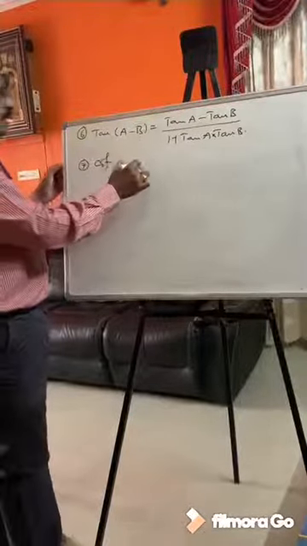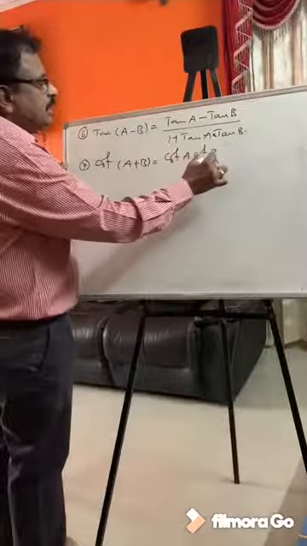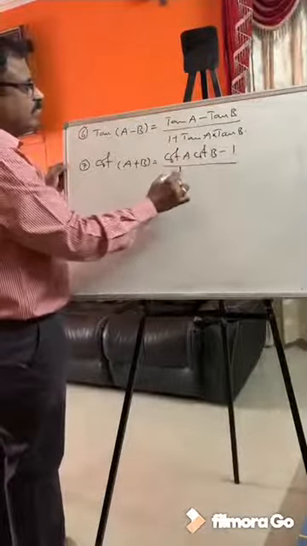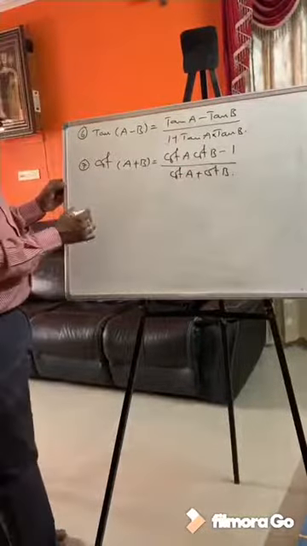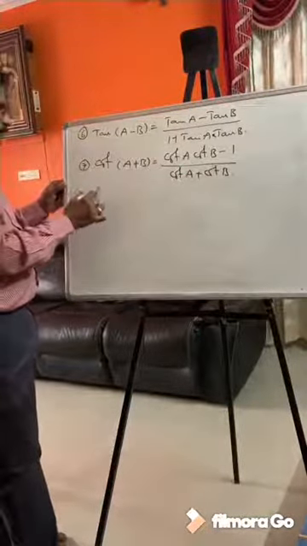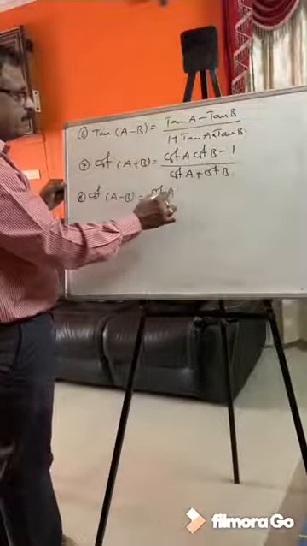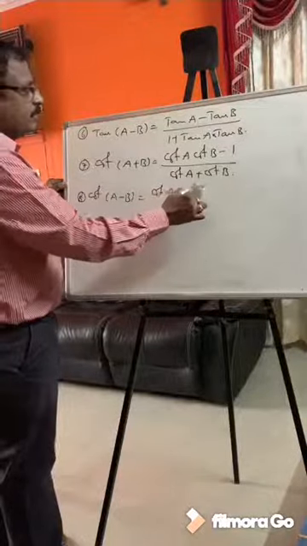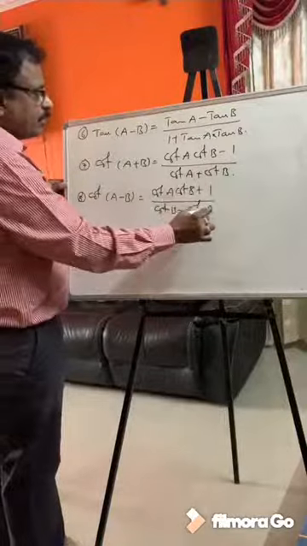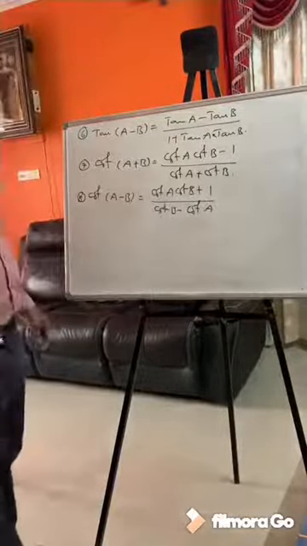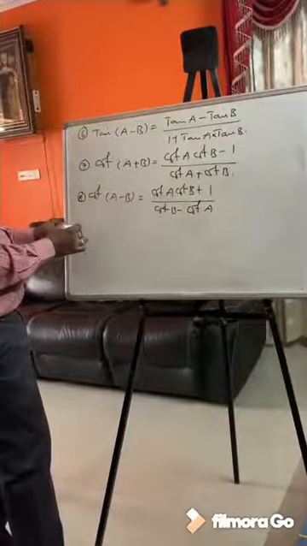Cot of A plus B, please tell me: cot A cot B minus 1 divided by cot A plus cot B. Cot of A minus B: cot A cot B plus 1 by cot B minus cot A. Please remember. Regarding cot, we are using this ninth formula.